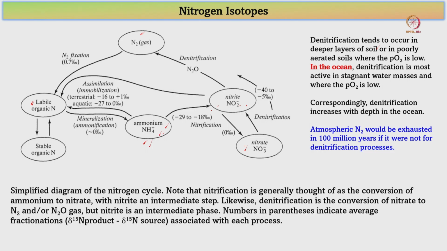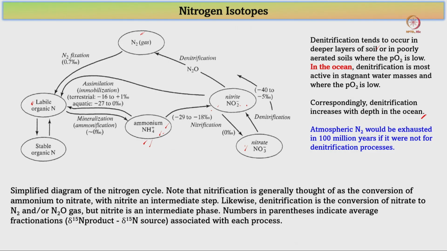Similarly, in the ocean, denitrification is active in stagnant water, or where the dissolved oxygen itself is so low that the bacteria have to depend on anaerobic processes such as denitrification to get the energy. So, denitrification increases with depth in the ocean, okay, and without nitrogen getting supplied back into the atmosphere, we would not have had any nitrogen left itself.